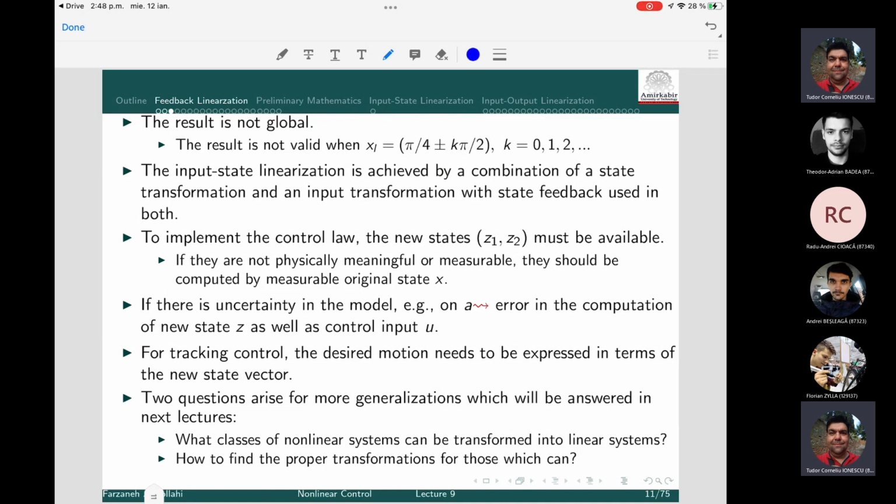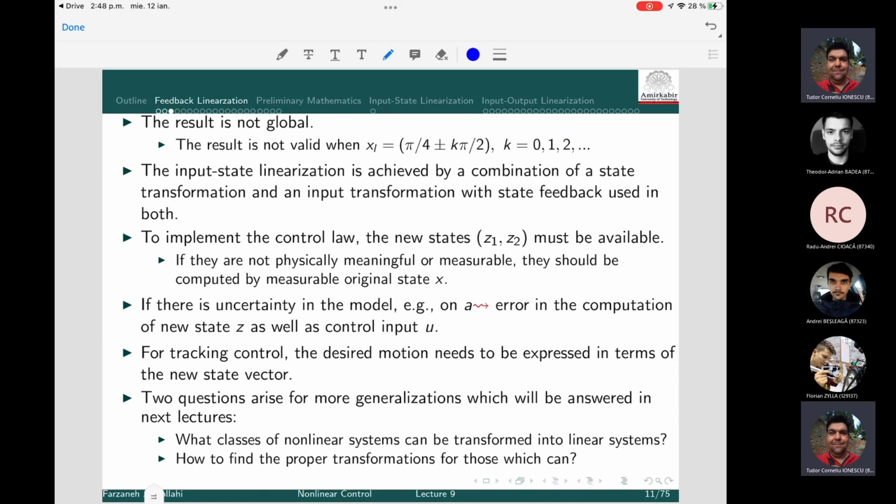If they are not physically meaningful or measurable, they should be computed from the measurable original state X. If there is uncertainty in the model, it should also be reflected in the new coordinates and in the control input U. For tracking control, the desired motion needs to be expressed in terms of the new state vector. So if you want to do tracking now, you have to compute everything in the model in the new coordinates.